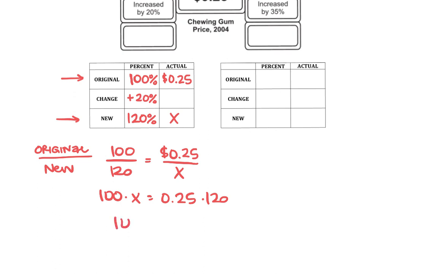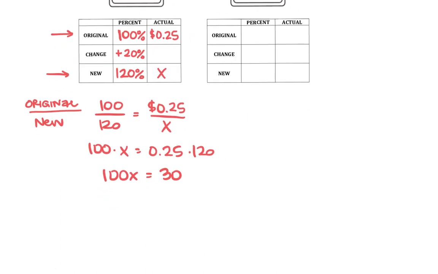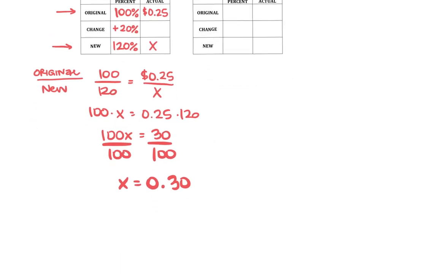So this is 100x equals 30. And then we will divide each side by 100, and we get x equals 0.3 or 0.30. And so we know that the new price is 30 cents.